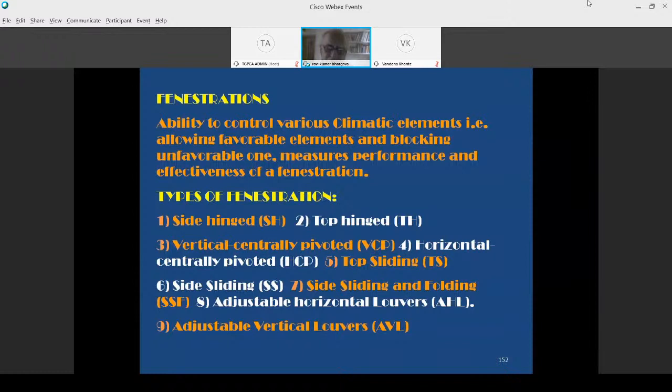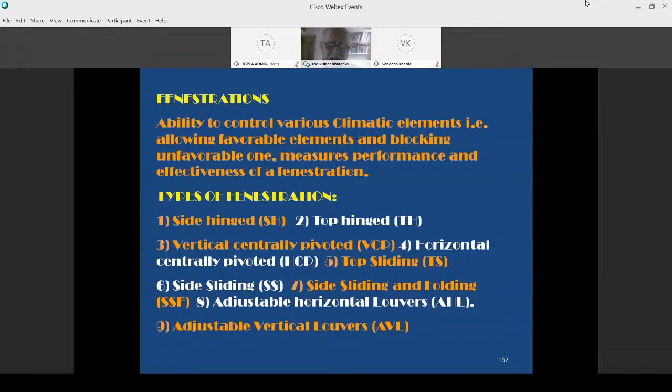Even when we don't want ventilation, we want daylight not to be affected. That means the role of the window is to welcome and allow favorable climatic conditions, favorable air, and at the same time block the unfavorable.